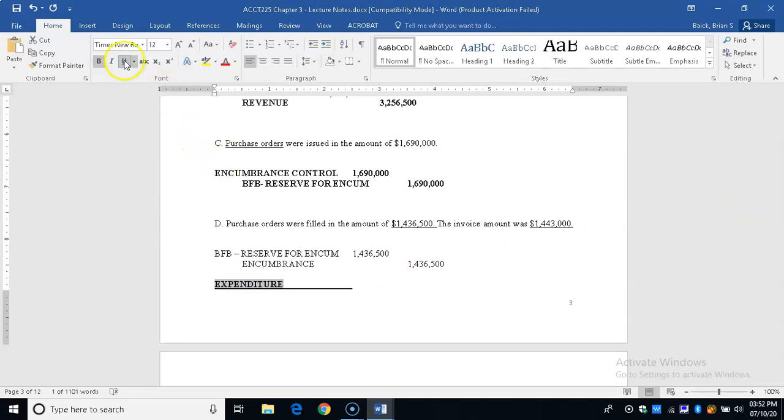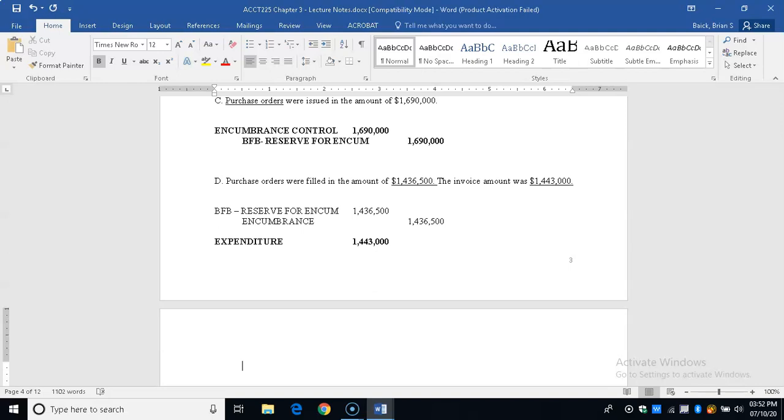Okay, so expenditure. And then you're going to credit vouchers payable, or you could just say some kind of payable. You just received the invoice, you didn't say you paid it yet. Okay, and then that is the journal entry.